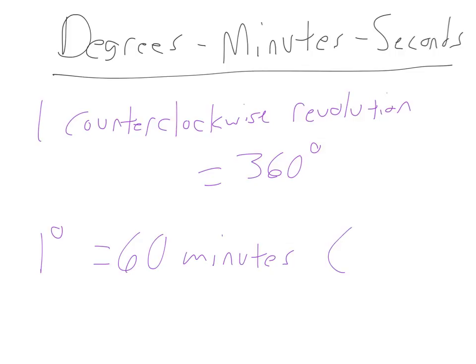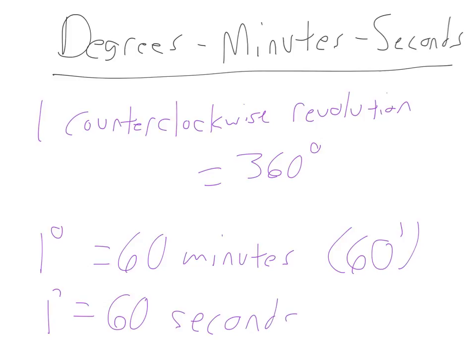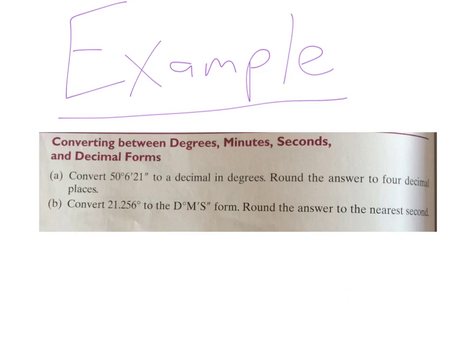We can denote minutes with a single apostrophe, so 60 with an apostrophe would be 60 minutes. And 1 minute is equal to 60 seconds. We denote seconds with 2 apostrophes, or quotation marks. So 60 seconds, using shorthand notation, would be 60 with 2 apostrophes or a set of quotation marks.